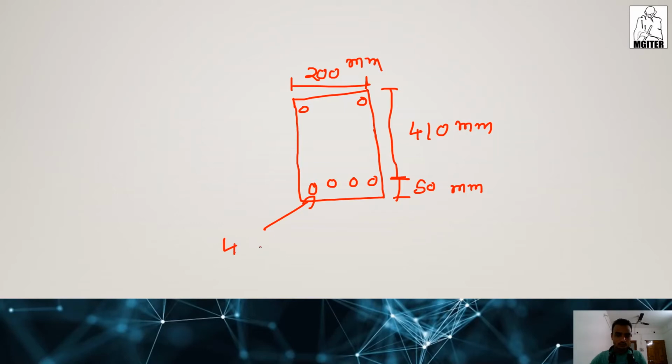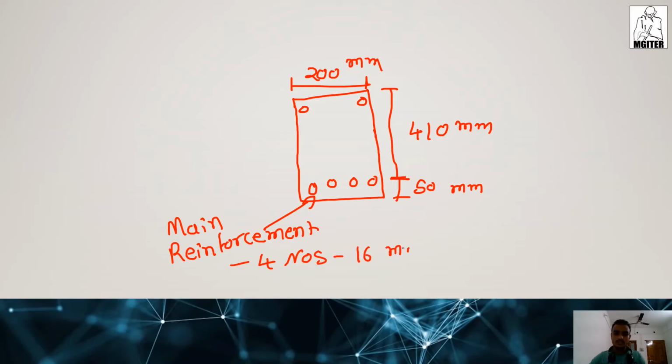Write down the 4 main reinforcement here. Main reinforcement: 4 numbers of bar with 60 mm diameter.